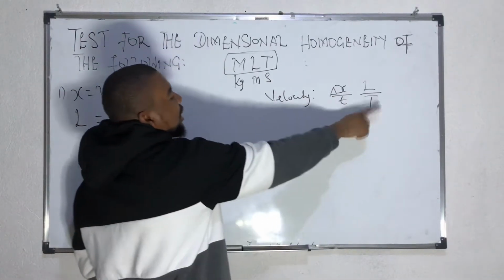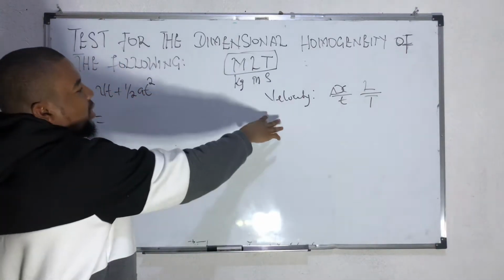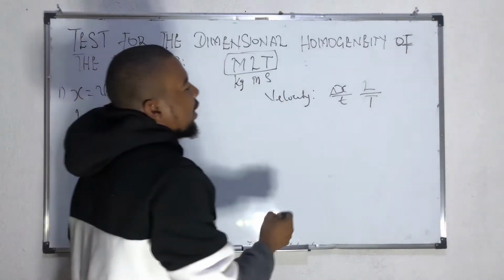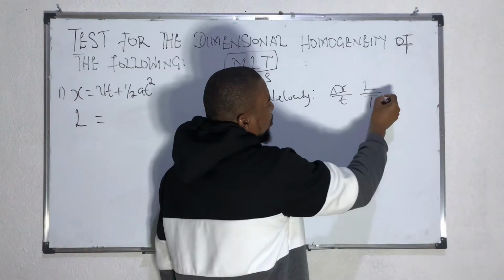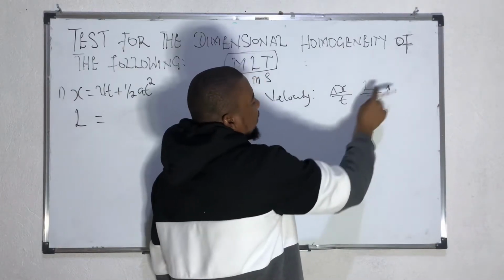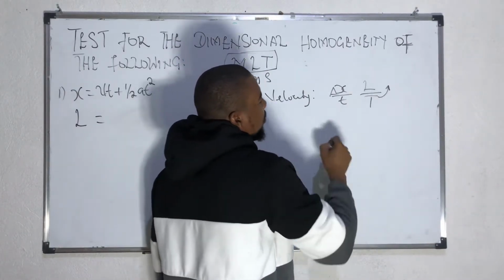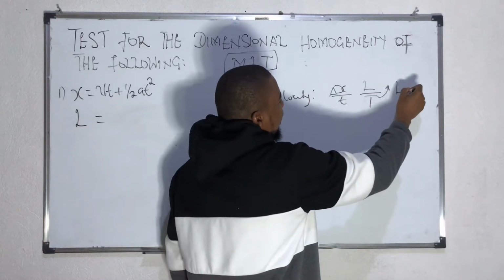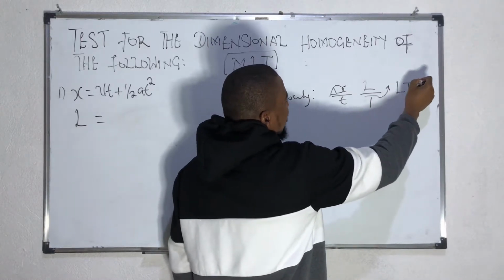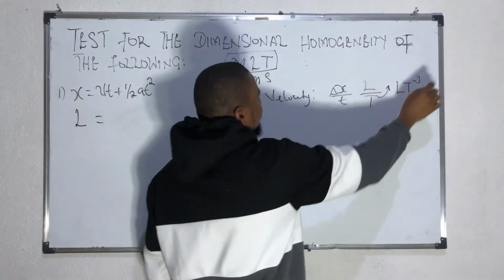This is actually the dimension for velocity. But you can take the T upwards. If we take it upwards, we shall now obtain L T to the power -1.